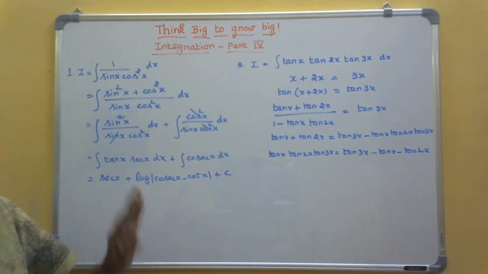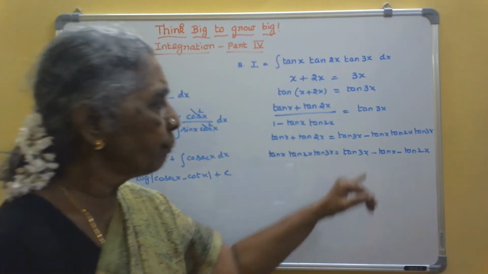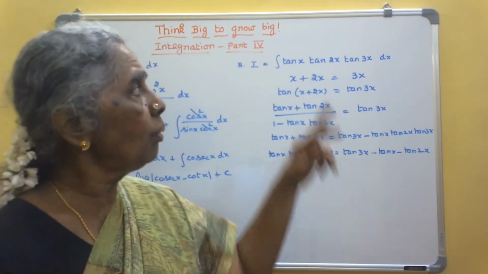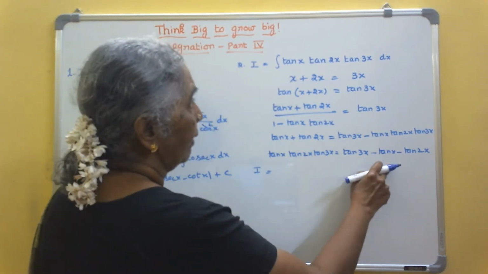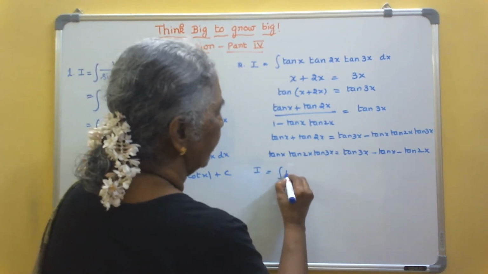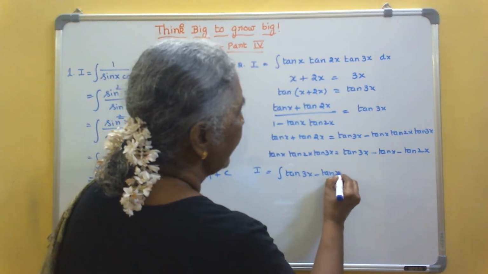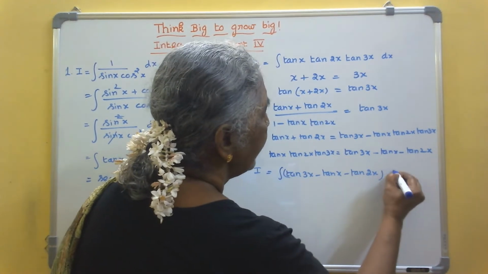So now the product of the 3 terms you are now getting as a difference of 3 terms. So now the I can be written as, instead of this you can write this. So you will get integral tan 3x minus tan x minus tan 2x dx.